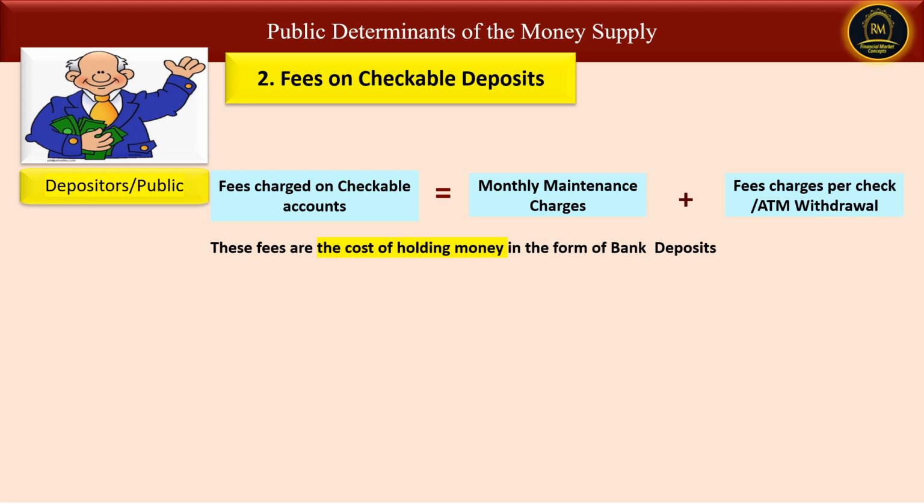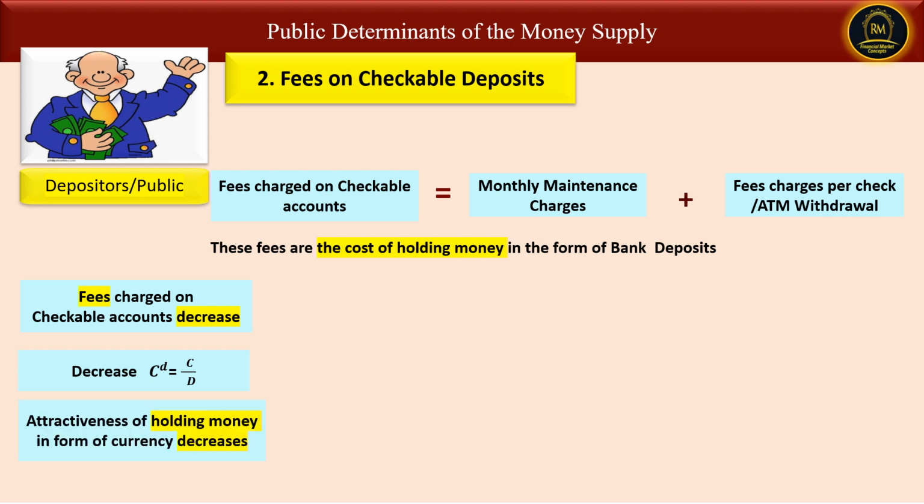These fees are basically the cost of holding money in the form of bank deposits. Now suppose the bank decides to reduce the charges on checkable accounts, this is going to decrease the currency ratio because the attractiveness of holding money in the form of currency decreases.